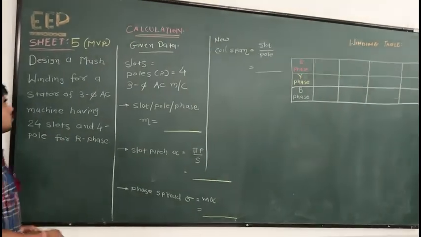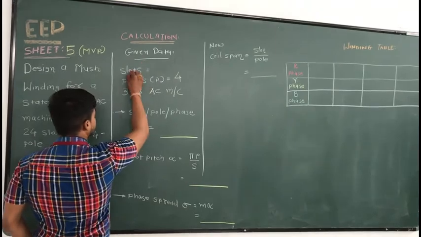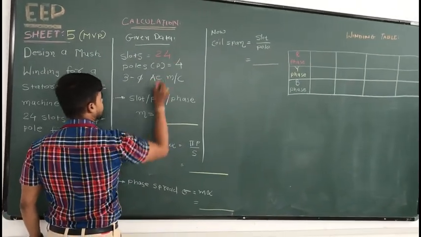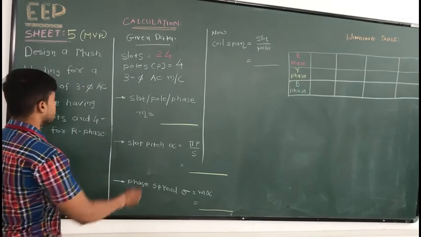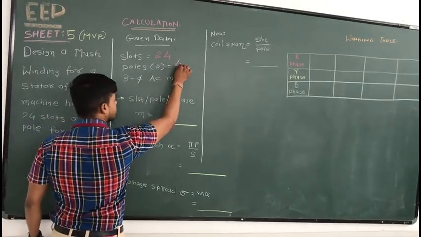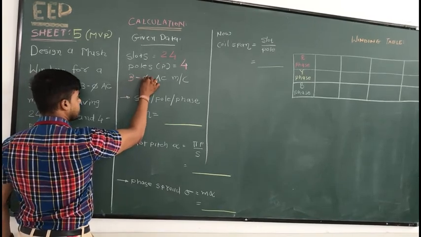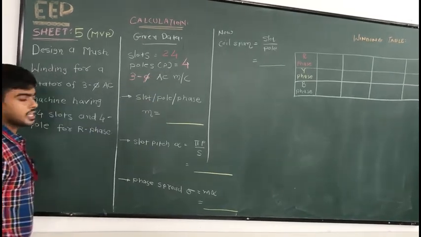First of all, the given data: number of slots is equal to 24, number of poles is equal to 4, and a 3-phase AC machine is given.